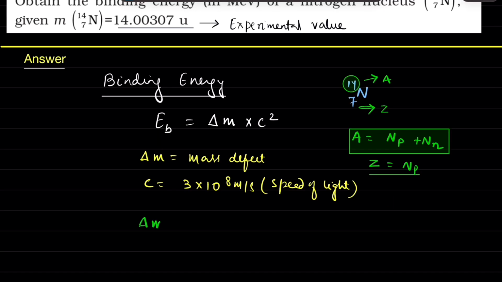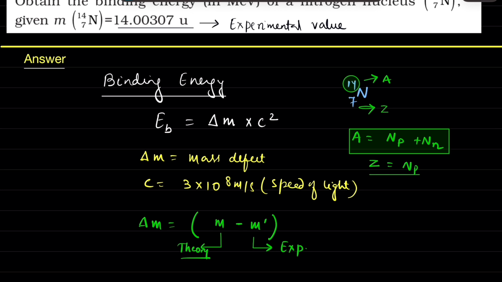Mass defect is the total mass of a nucleus calculated theoretically minus the mass of the nucleus calculated experimentally. We represent m dash as the experimental value, and m as the theoretical value.